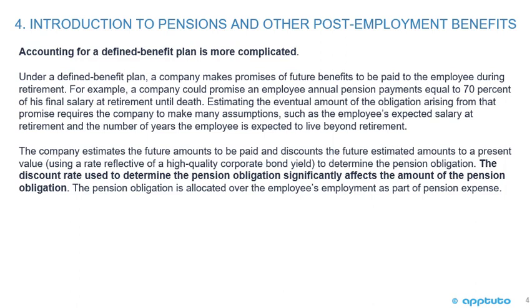The company estimates the future amounts to be paid and discounts them to a present value using a rate reflective of a high-quality corporate bond yield to determine the pension obligation. The discount rate significantly affects the amount of the pension obligation. The pension obligation is allocated over the employee's employment as part of a pension expense.